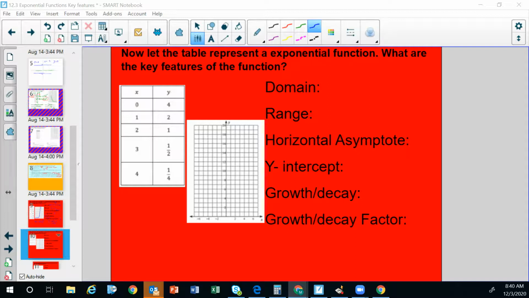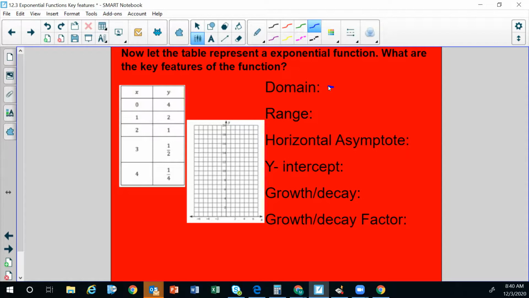Okay, so tell me who's going to give me my answers for this. What's my domain going to be? Negative infinity is less than x. Okay, what's my range, Jacqueline?